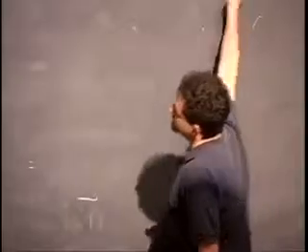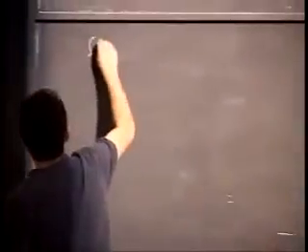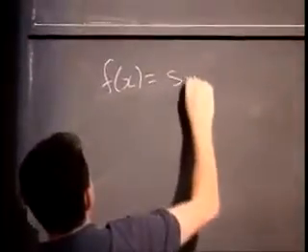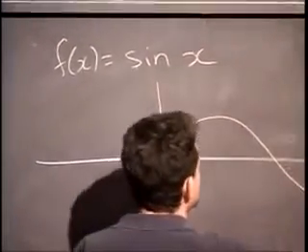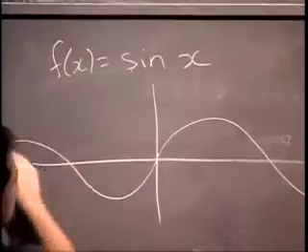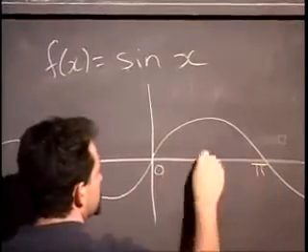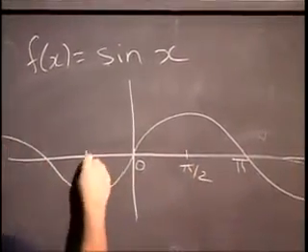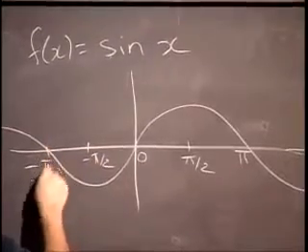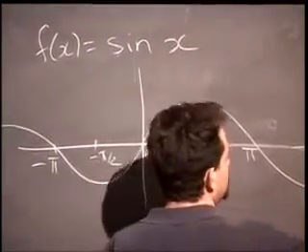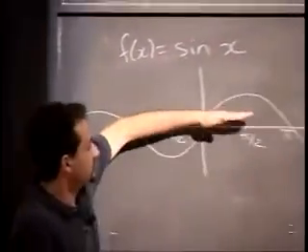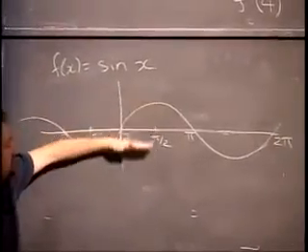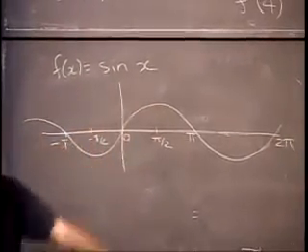So let's start off with sine x. If you draw this beast, etc., it fails the horizontal line test pretty miserably, really. Any of these horizontal lines between minus 1 and 1 actually intersect the curve infinitely many times.